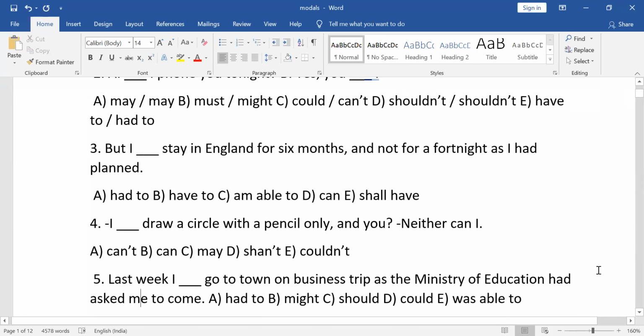Then, "But I dash stay in England for 6 months and not for a fortnight as I had planned." The past form of "have to" can be "had to." So here he's talking about compulsion in the past, right?